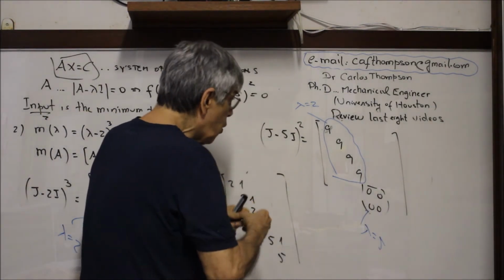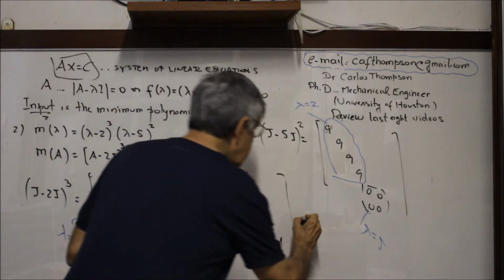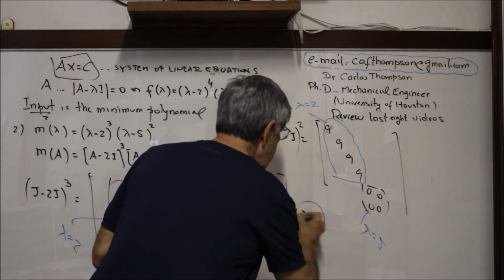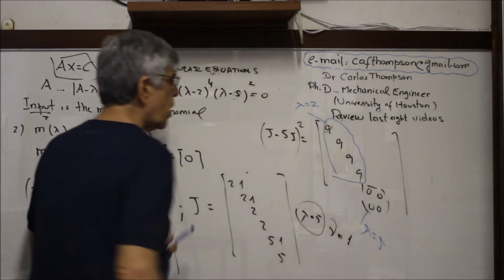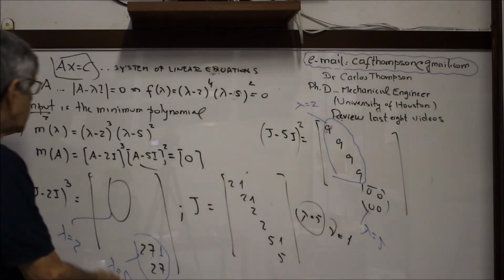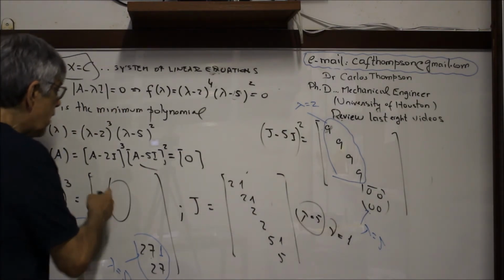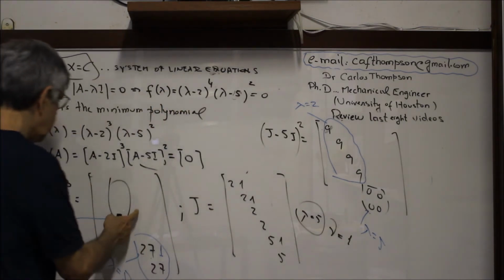Look. So for lambda equal to 5, we know that it must be 1 because I have only 1 block here. You see? For lambda equal to 2, I have 2 blocks. See? I have 2 blocks here.